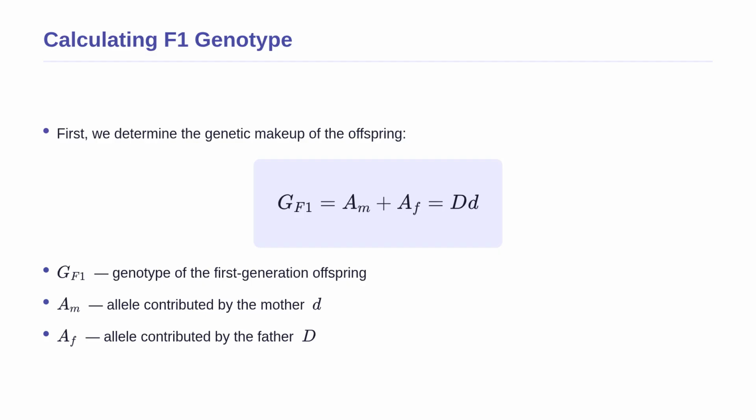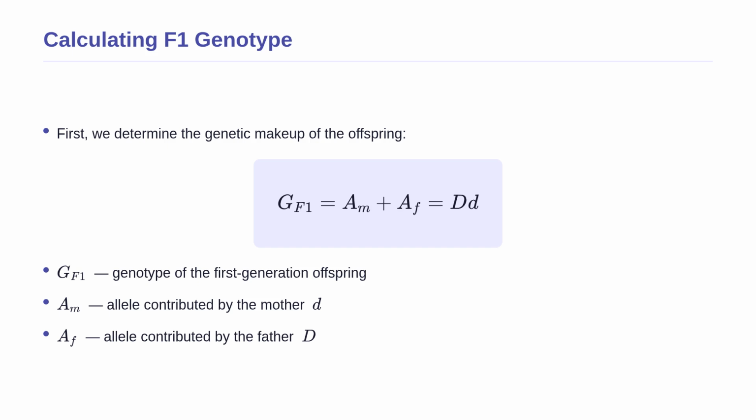To solve this cross, we first need to find the genotype of the offspring using standard Mendelian inheritance. The formula is GF1 equals AM plus AF, which equals capital D, lowercase d. Conceptually, this just means the offspring gets one allele from each parent.